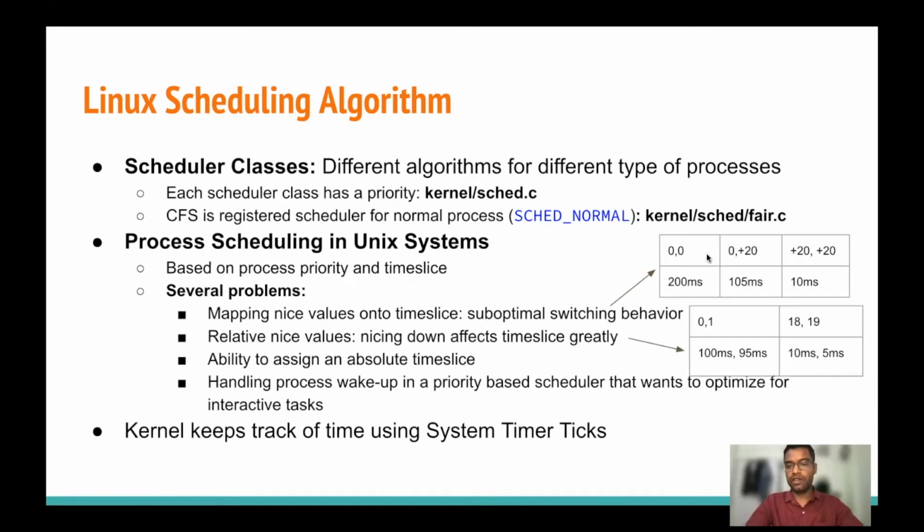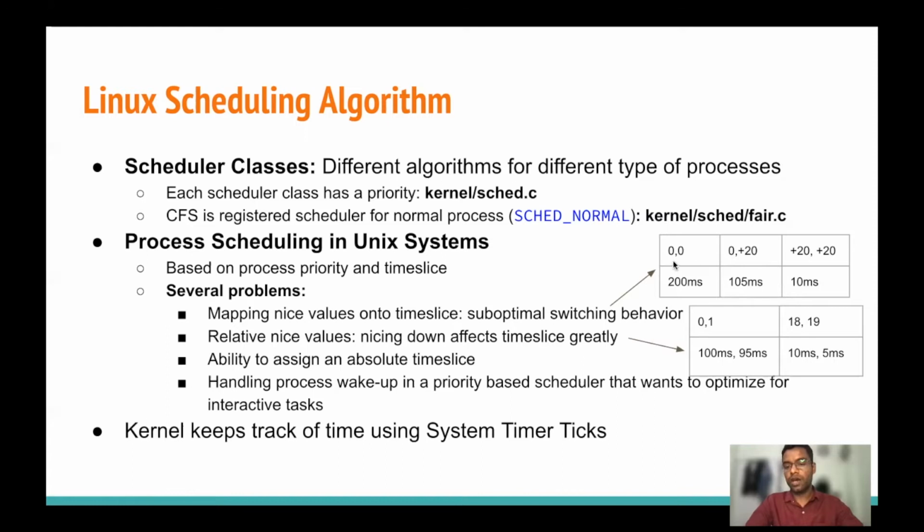So let's consider these three scenarios. These are the nice values of the two processes. You can see that if we have different nice values for two processes and we are running them on the system, this is the time in which the two context switches will happen periodically.